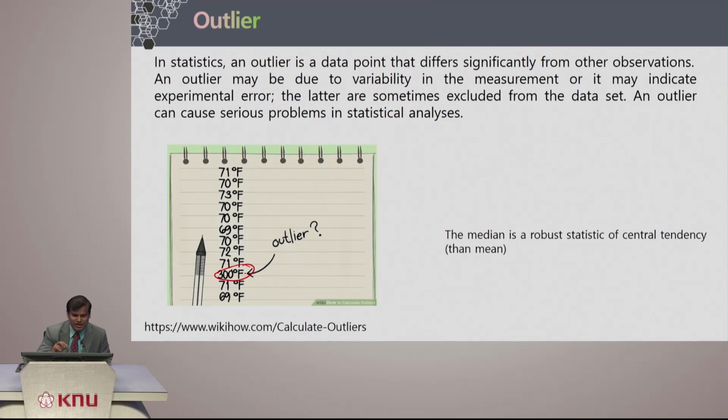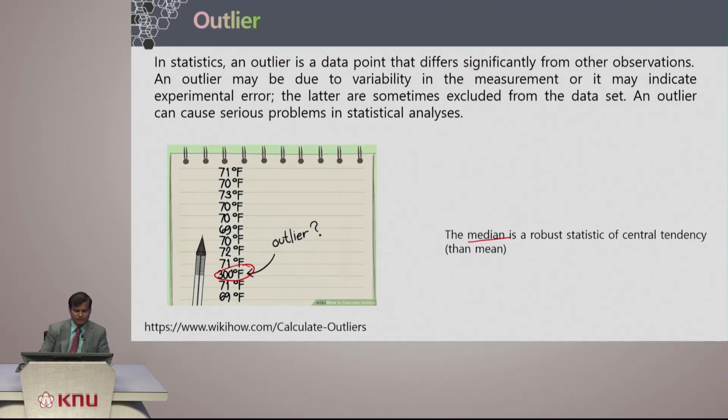So if you take the mean of these values, it will be more than 80. But if you take the median, the middle value, it will be around 70.